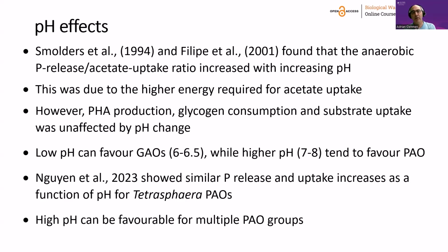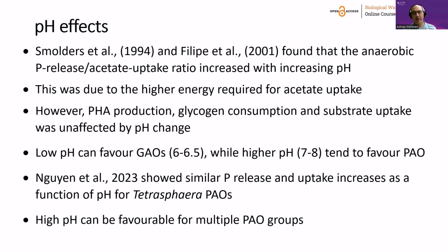So again, favoring the PAO metabolism with the higher pH, with higher P release and uptake kinetics that are observed at higher pH. This was interestingly observed recently by us with Tetrasphaera PAOs as well.